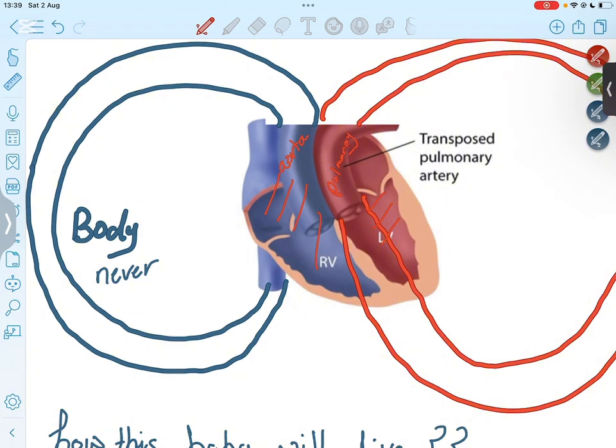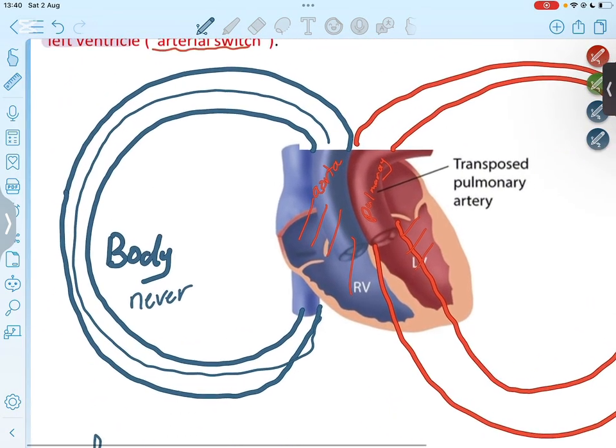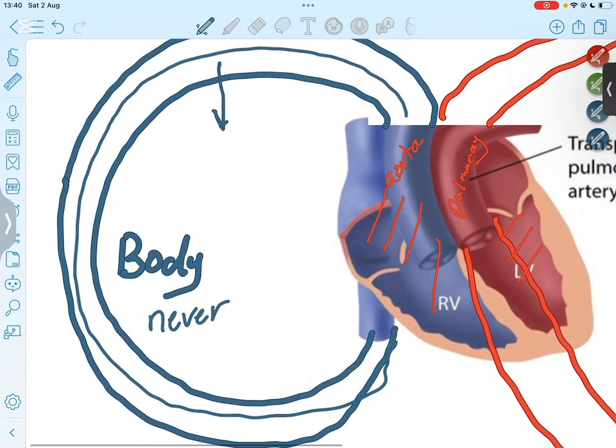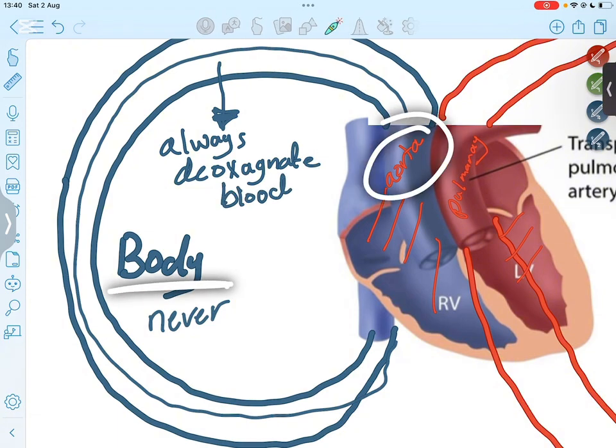Let's go with the aorta first. Here the blood moves out and comes back. If we take a blood sample from it, we will notice that it is always deoxygenated blood. And we know that the aorta is pumping blood to the body.